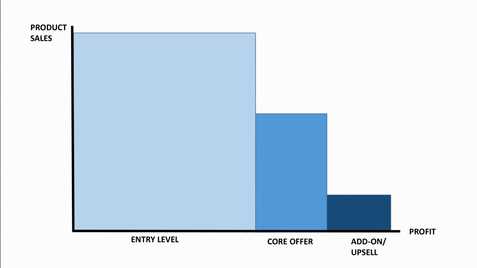The y-axis is product sales and the x-axis is profit. Your entry-level products typically have the lowest profit margin for you, but the highest amount of sales. You could potentially categorize tripwires or paid lead magnets under there if you want to.